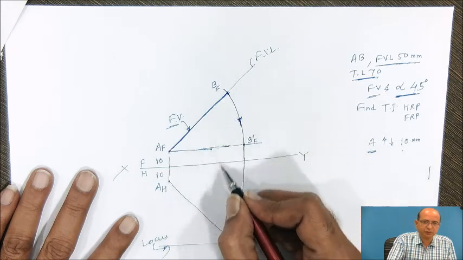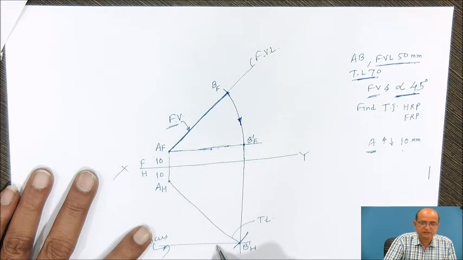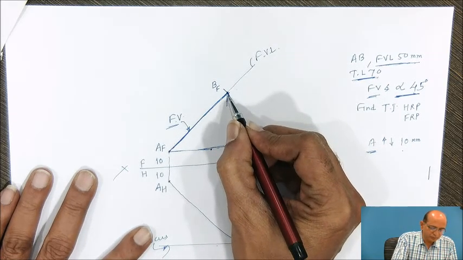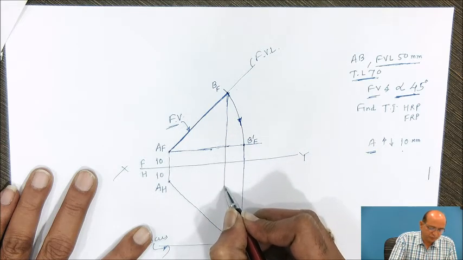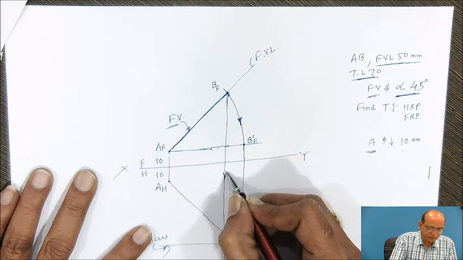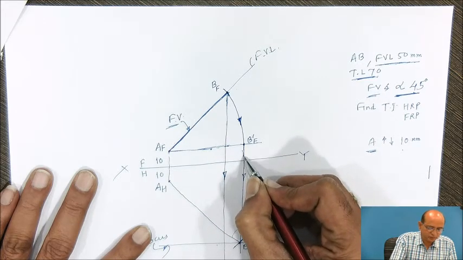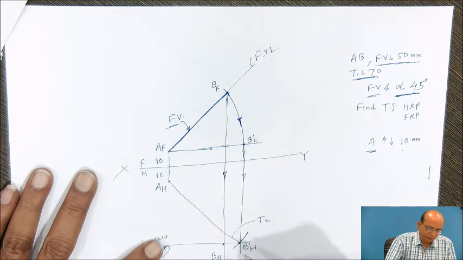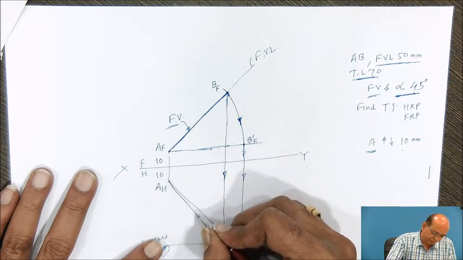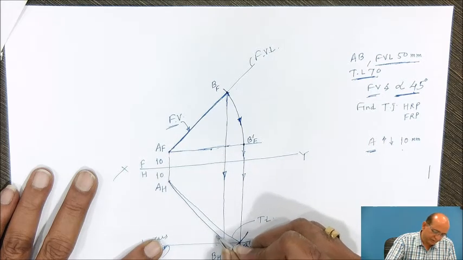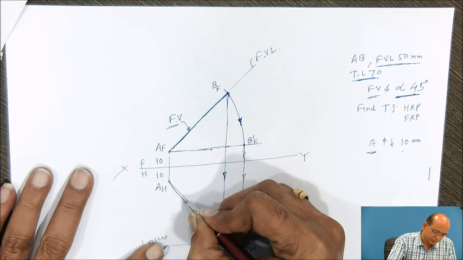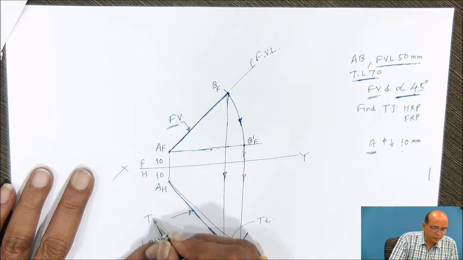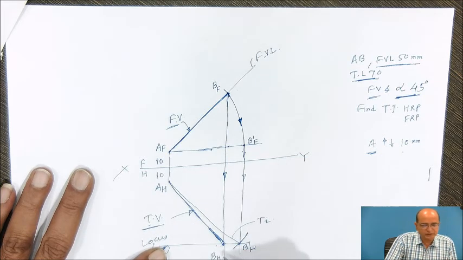From that, we will draw the projection in the downward direction to have the intersection over here. We will have the projection of this B F, which is a front view point, and the intersection over here will be obtained as B H. And now this line A H B H is the top view of the line, and that is the completion of the projections.